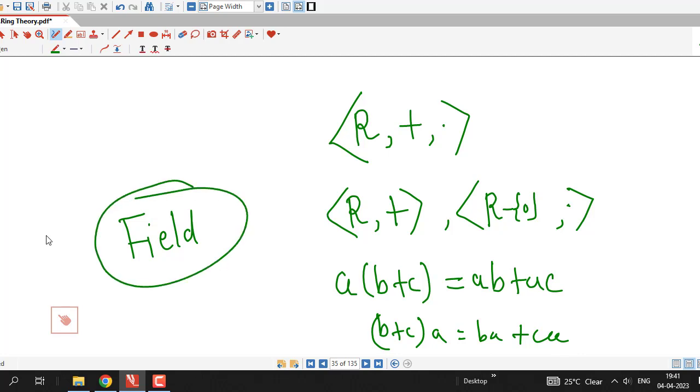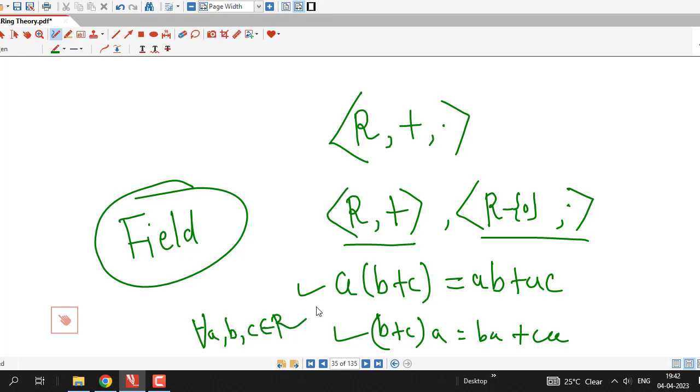So if you want to prove that a given algebraic system is a field with respect to given binary operations, then you have to prove that R with the addition operation is an abelian group, R minus 0 with the multiplication operation is also an abelian group, and you have to prove these two properties for all elements A, B, C in a ring R.